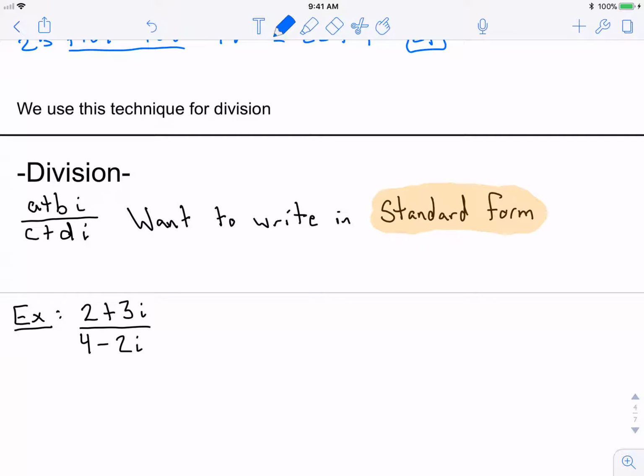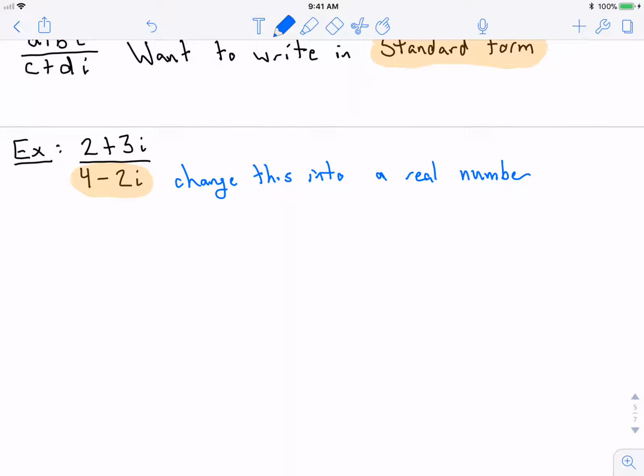And what will we multiply by? Well, if we want to change this into a real number, we have a formula for that. If we multiply by the complex conjugate, no matter what complex number we have, it always simply becomes real. So we'll do just that.